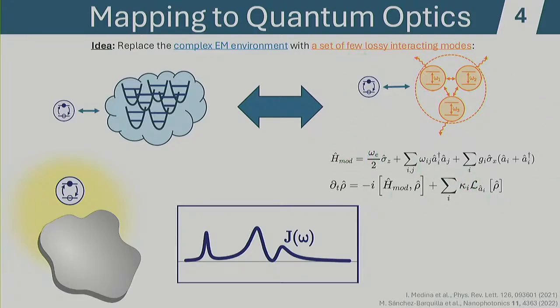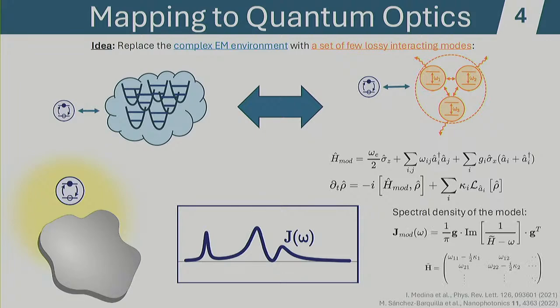So how are we going to find the equivalence between this model and this model? It turns out that for this new model, it is possible to find an expression for the effective spectral density in terms of the parameters of the model: frequencies, couplings, and losses.